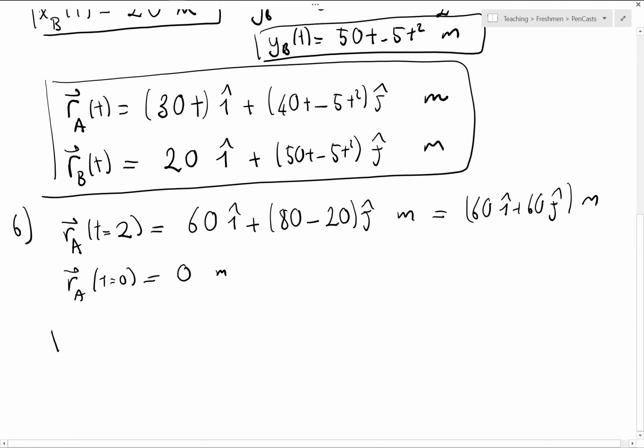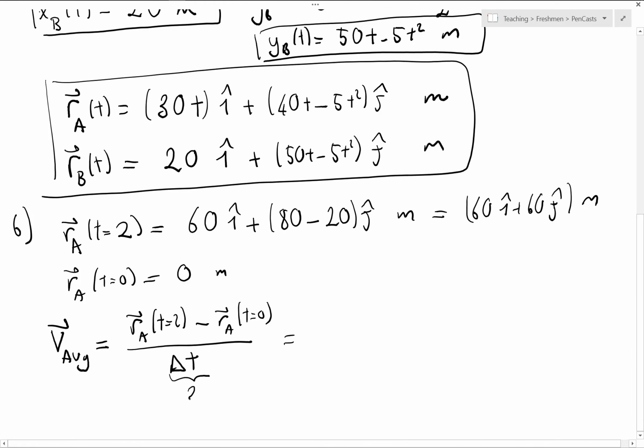So what's the average velocity? It's a vector. The final position minus the initial position, divided by the time that passed to go from initial position to the final position. Delta t is 2 seconds, so this will be 30 i hat plus 30 j hat meters per second.